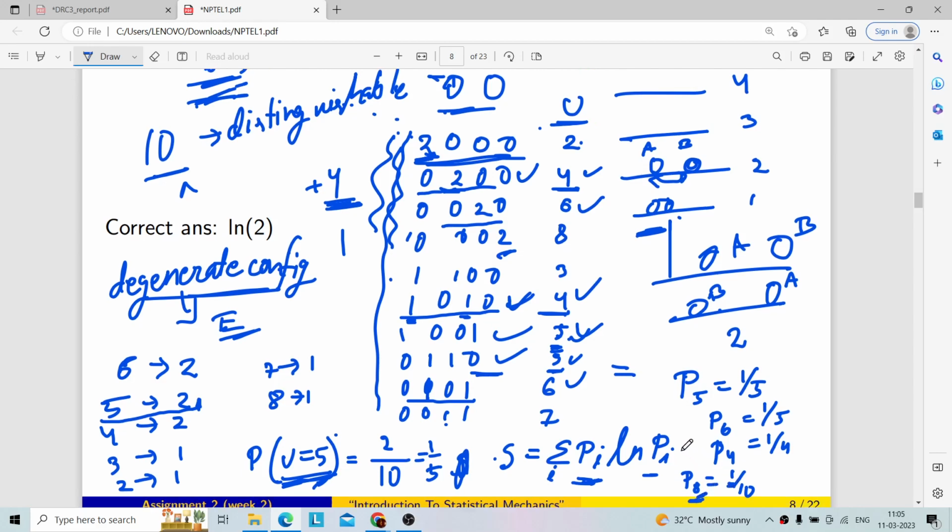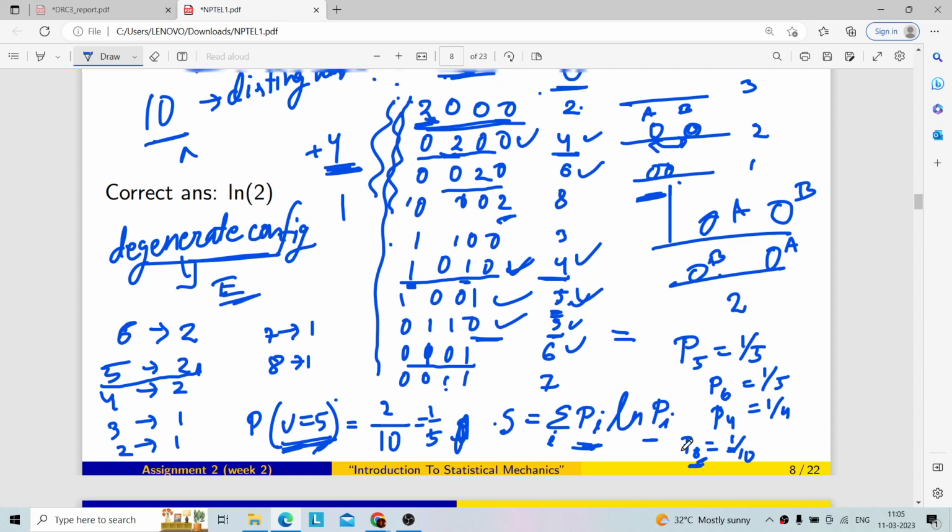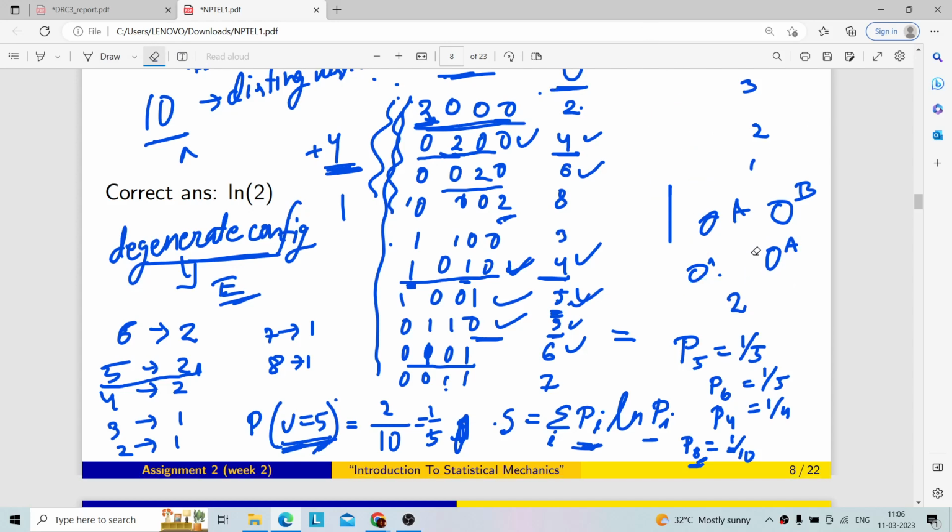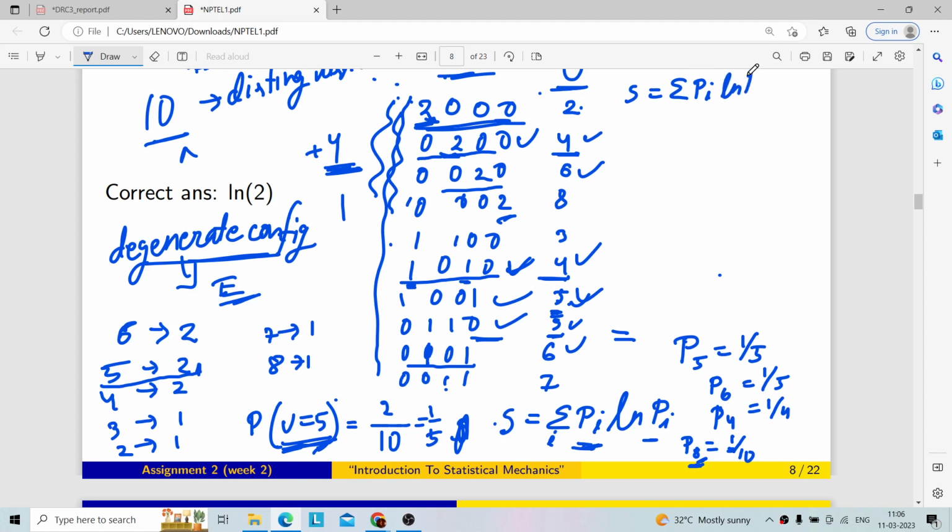So what will be the entropy for this kind of arrangement? Let me show you. The entropy is summation over pi ln pi.